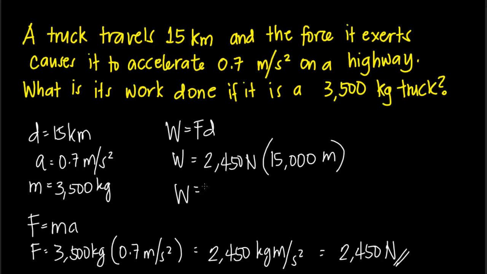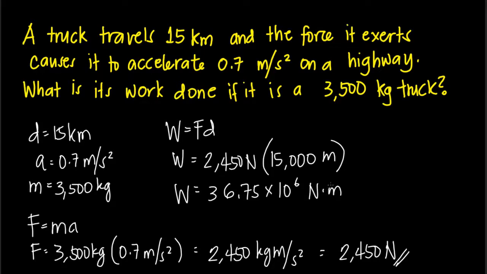Work times 15,000 is 36.75 times 10 to the 6 Newton meters. Okay. If you want to use, what is it again? I forgot the term. Prefixes. There you go.